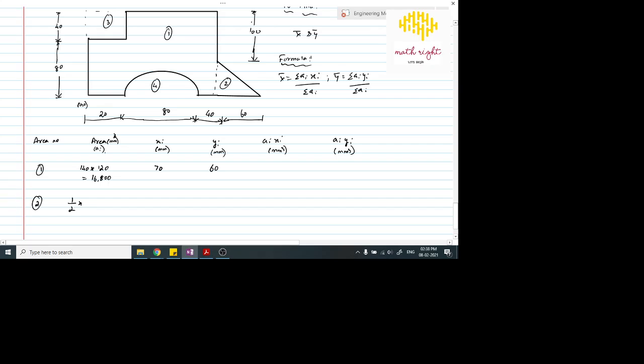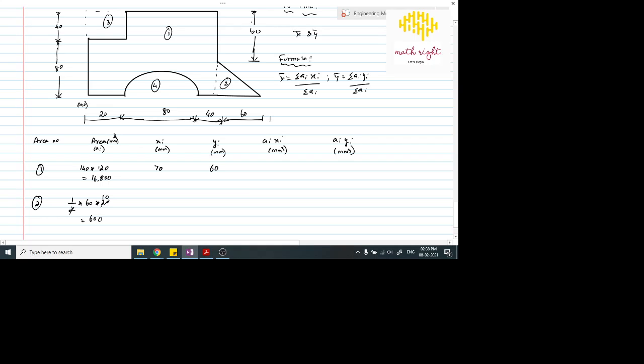So 60 into 20. What is the answer? 600 mm square.